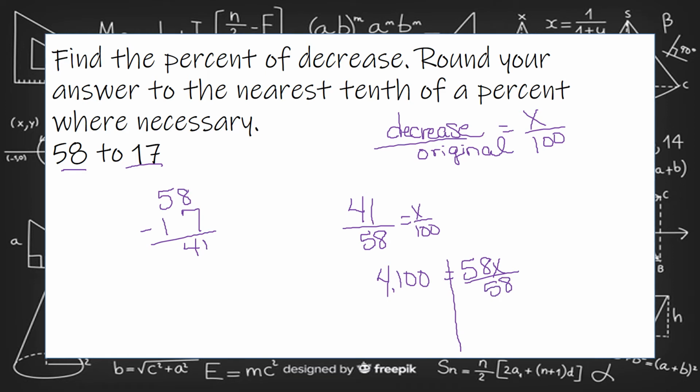To undo that, we divide. What we do to one side, we have to do to the other. So we're just left with x on the right. And then type in 4,100 divided by 58. And it comes out to 70.